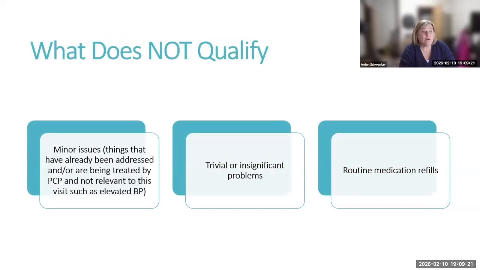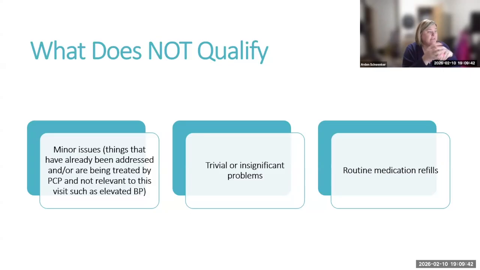So, what does not qualify to be billed together? Minor issues, things that have already been addressed in a previous visit that are not significant, or things that are being treated by their primary care physician.